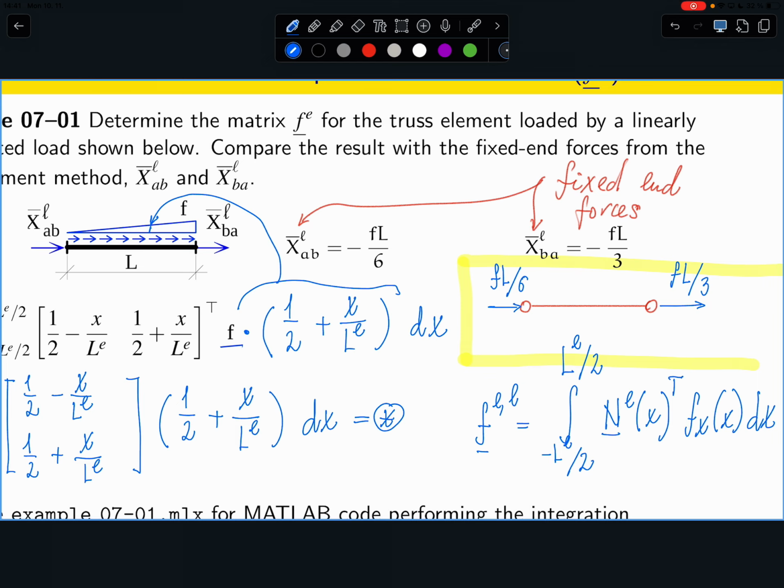If you sum these two and determine the resultant of the distributed load, you will get exactly the same value, so this is why this is called equivalent. And these two forces have this very particular property that if those are used with the corresponding virtual displacements, they perform exactly the same work as the distributed load.